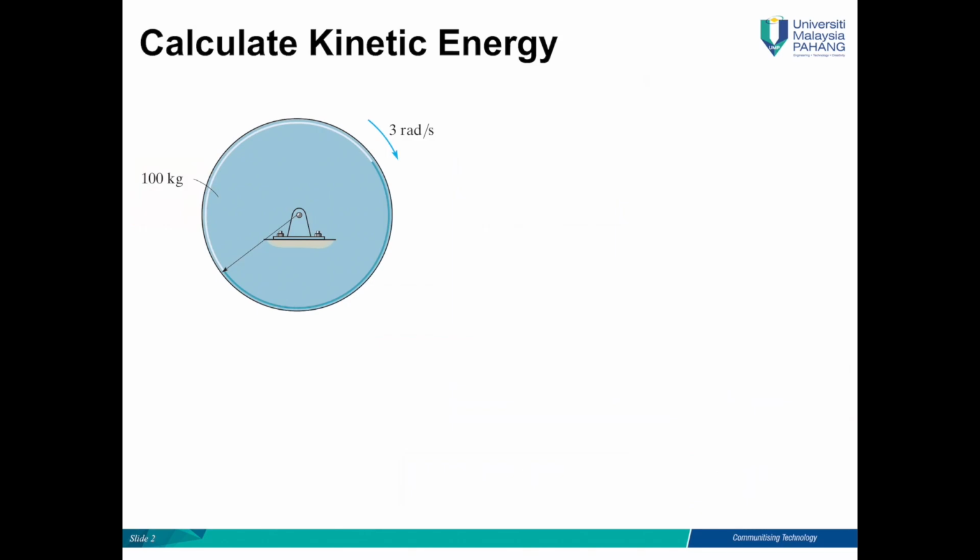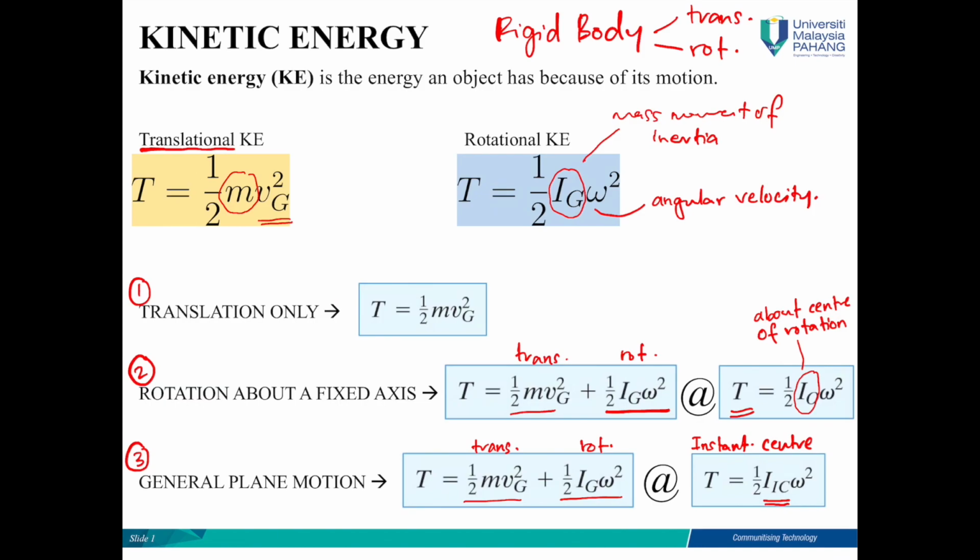All right, let's look at a few examples on the calculation of kinetic energy. In this case, we have a disk with a center of rotation, let's call this point O. This is a pure rotation case. If you recall from our previous slides, for pure rotation we can use this equation: T is equal to 1 over 2 IO omega square.